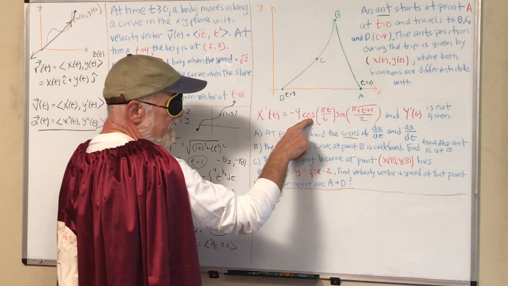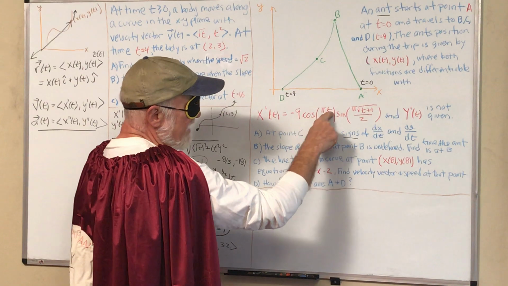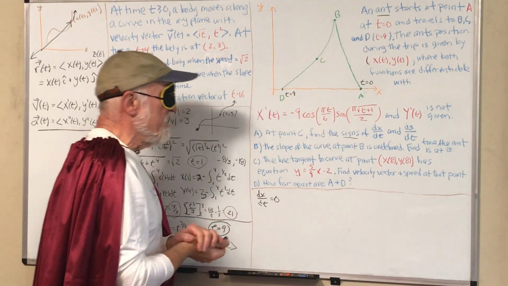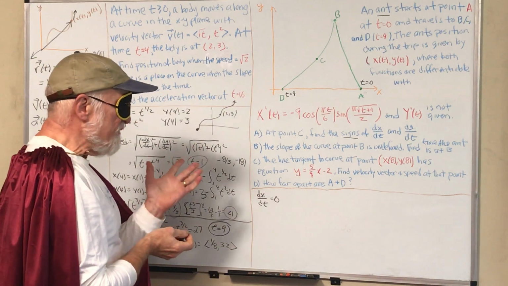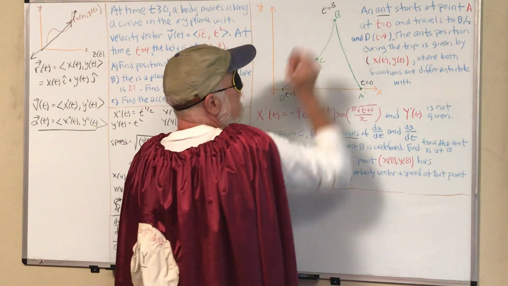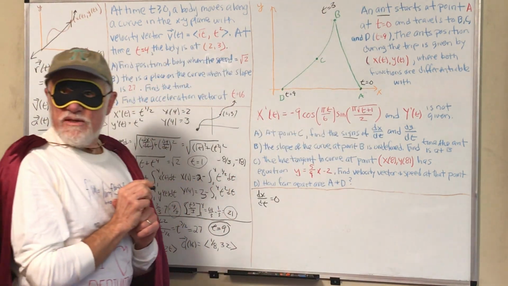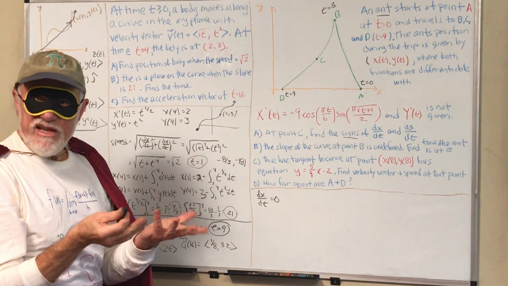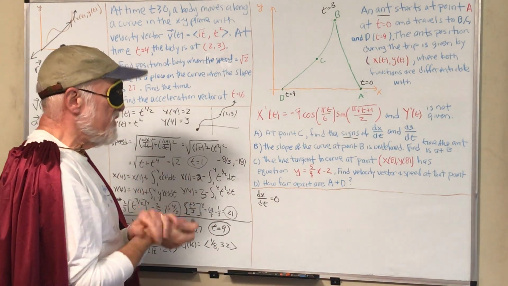The cosine of pi over 2, and that's also at time 3. So at time 3, both of these factors are 0. So all you really have to do is say, right here, that must be at time 3 that you're up at that point. So we haven't had to do too much calculation yet, just a little bit of thinking about what these things mean.